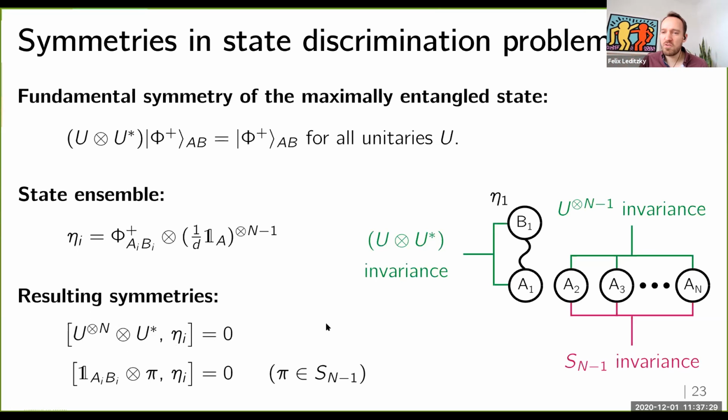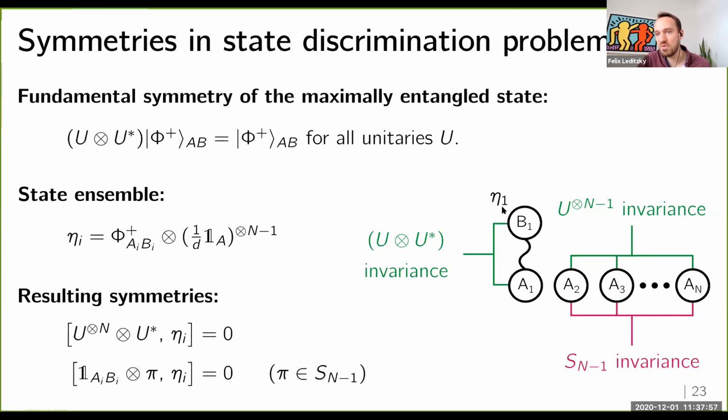The other thing we're looking for is permutation symmetry. And here it's easy to see that this part of the state, this completely mixed state on all of the A systems, is naturally invariant under any permutations of these n-1 A systems. So I have a restricted S_{n-1} invariance, because obviously if I permute the A3, say, with the A1 system, I will get a different state, right?